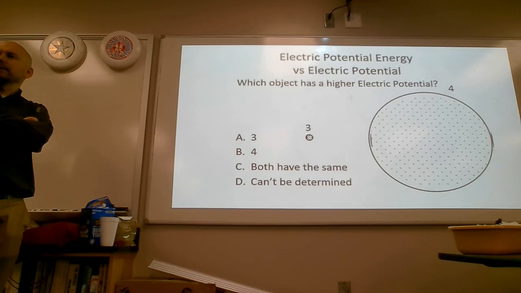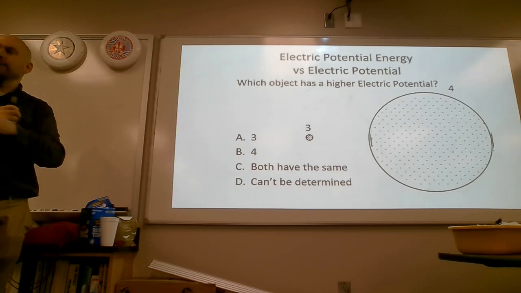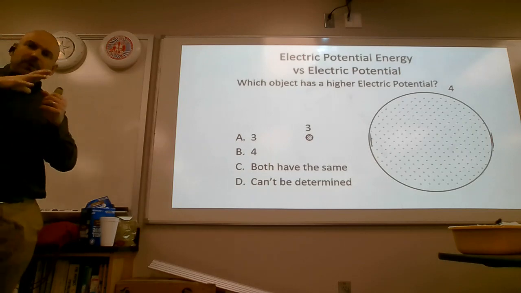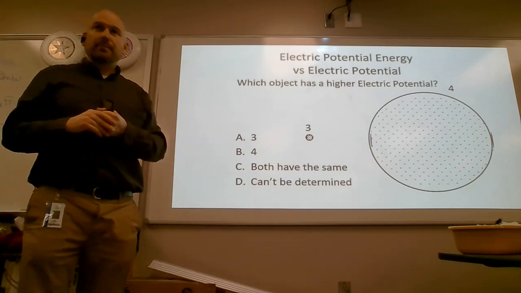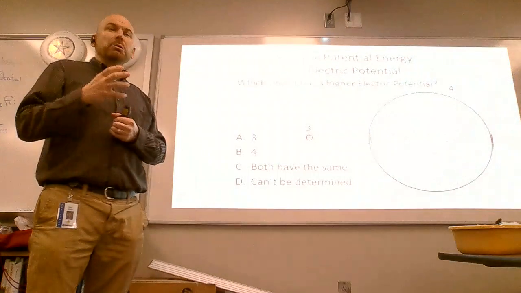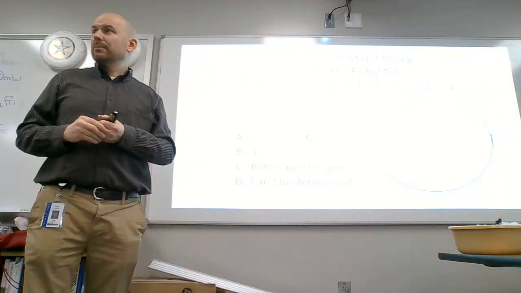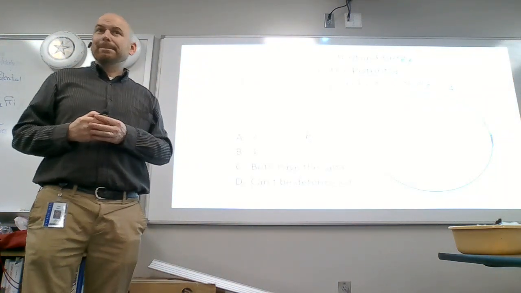The correct answer is A, because the electrons are really squished together. The springs between them are super compressed. There's a lot of energy per electron. Good with that?